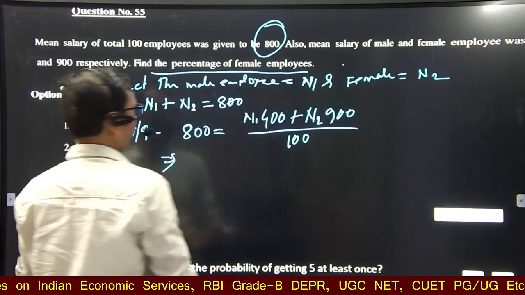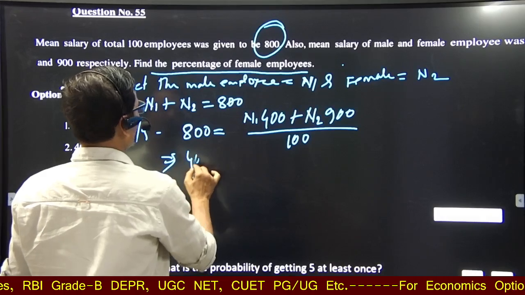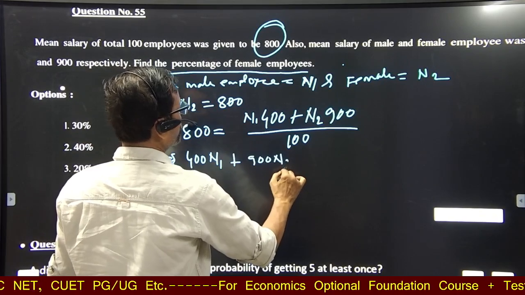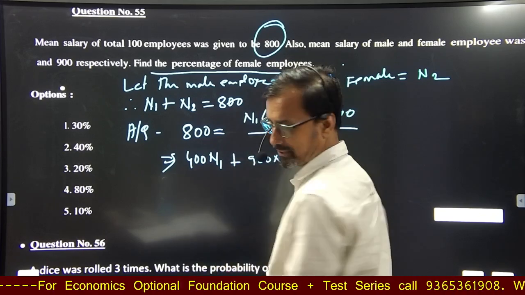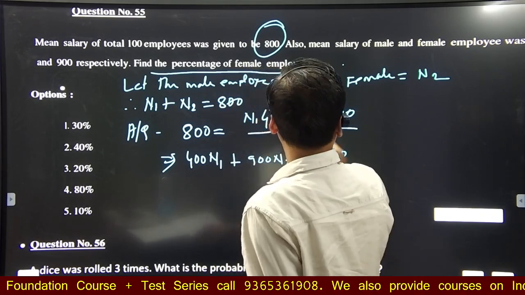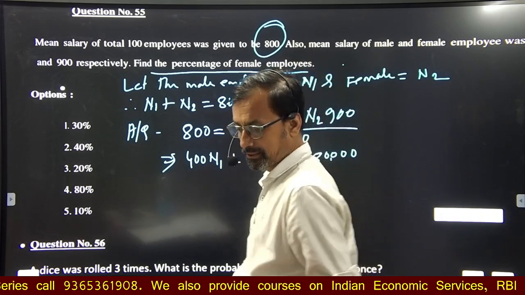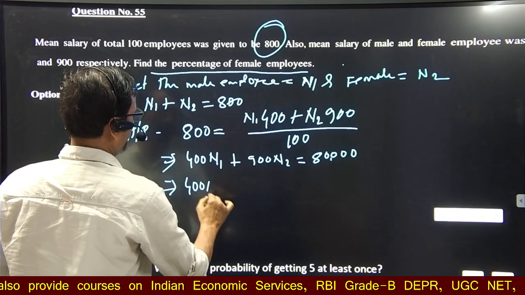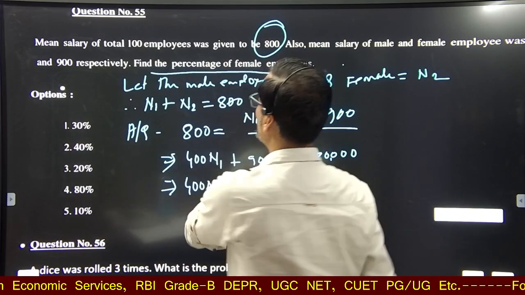So 400 N1 plus 900 N2 is equal to 80,000.